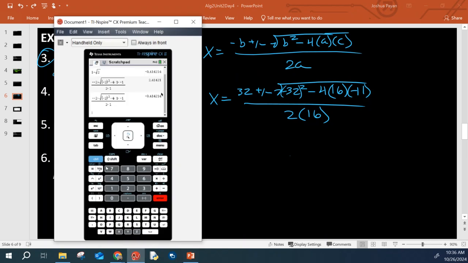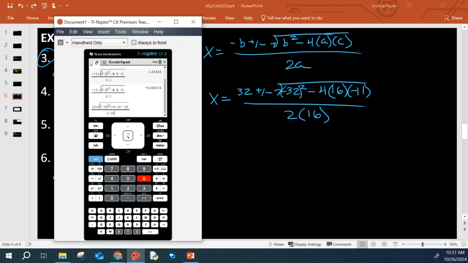Anyway, so control divide, we have positive 32. We're going to do the plus first because that's just always the easiest place to start in my brain. Negative 32 squared minus 4 times a times c, all divided by 2 times a, right?